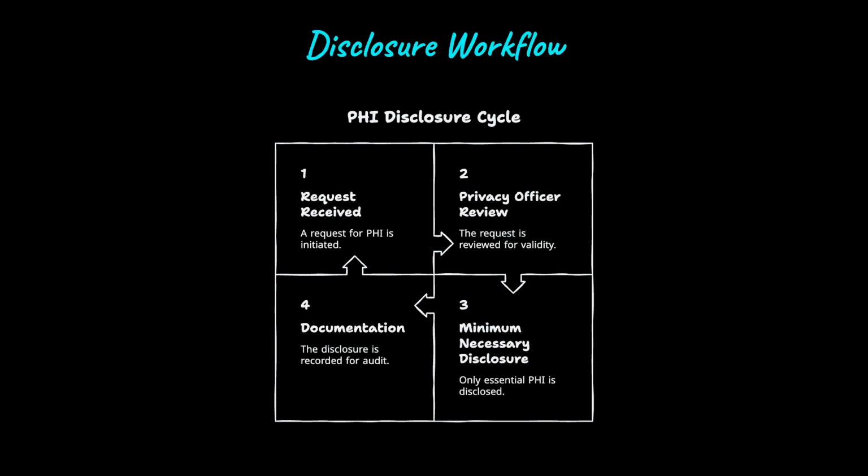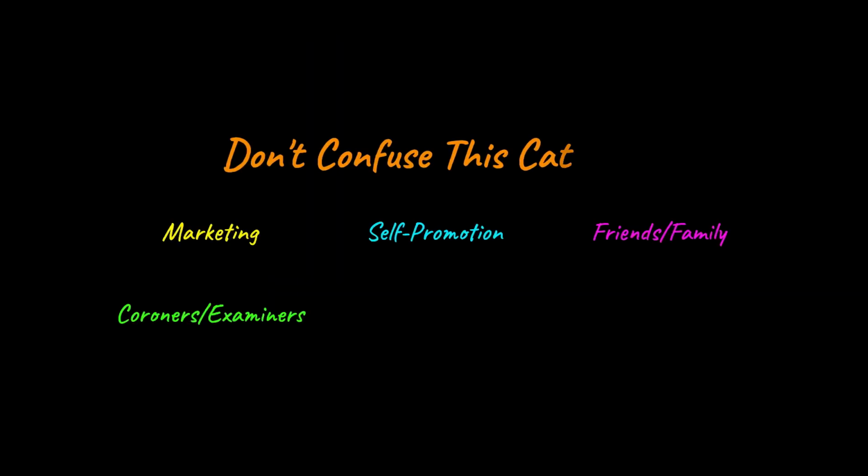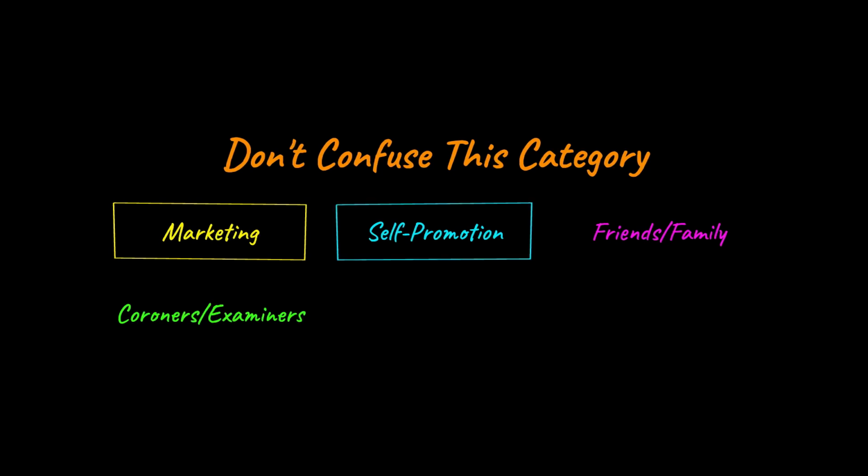Mechanically, a request arrives from a coroner or medical examiner. The privacy officer verifies identity and legal authority, and the disclosure is limited to the minimum necessary. The chart records the date, recipient, and purpose, sometimes alongside a separate audit log. Exam writers test whether you can distinguish this from confusable categories. Marketing requires patient authorization.